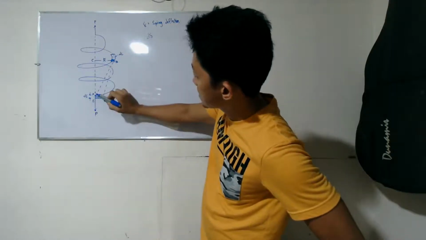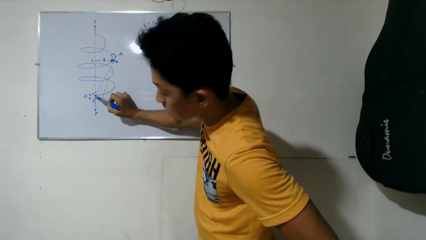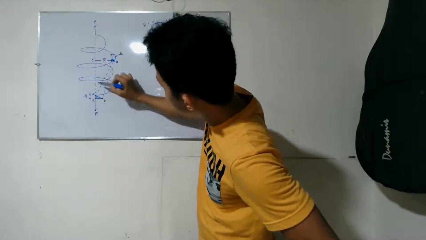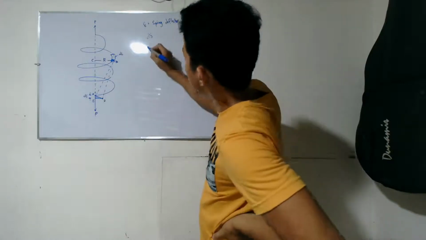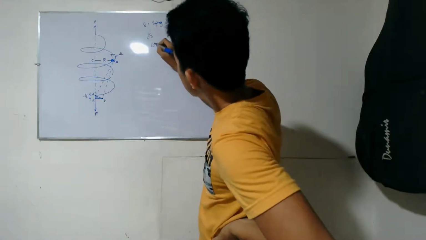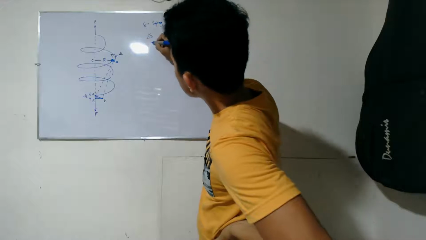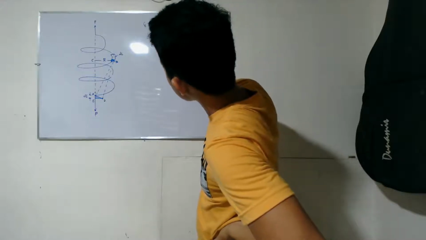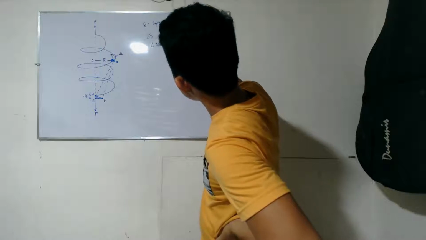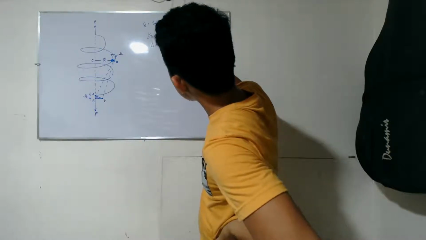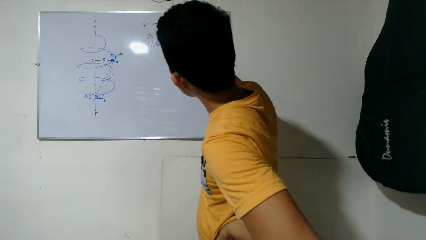We will use similar triangles, the small triangle ADE, similar triangles with triangle ABC.